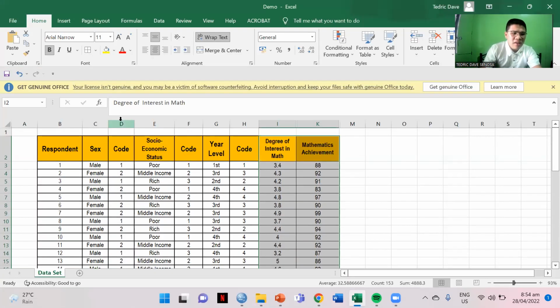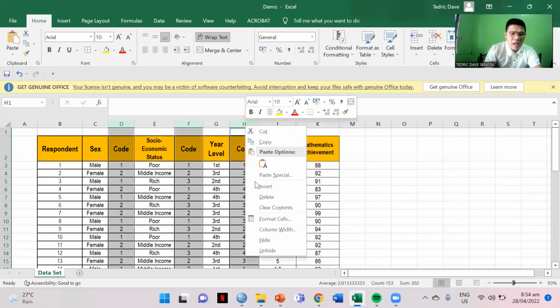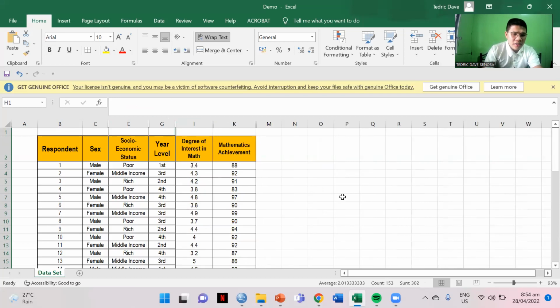The data is actually retrieved from a Google form. Never mind the code first, I'm going to hide it. So for sex, they answered male and female, and then the socioeconomic status and the year level. The degree of interest in mathematics here is actually the average. So I actually already got the average.